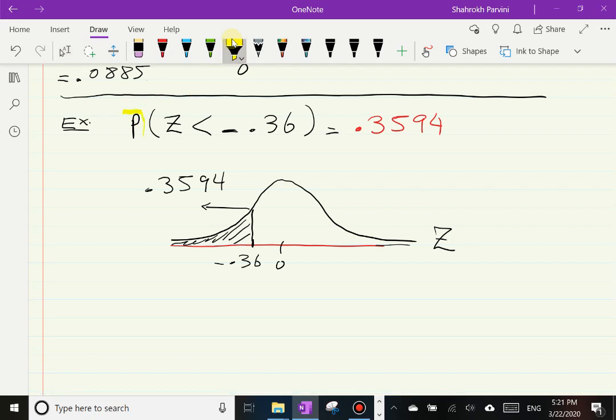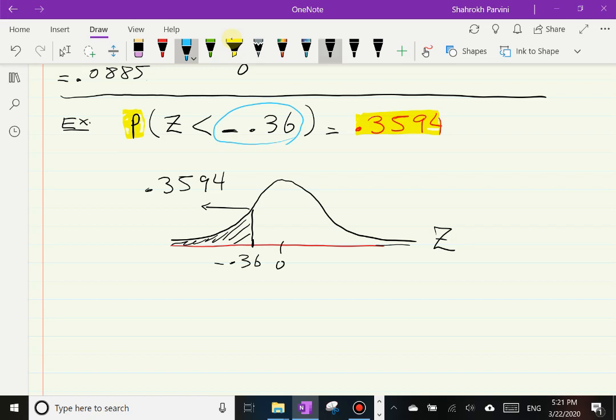This is a probability right in here. This probability has to be between 0 and 1. So the answer to this probability question must lie between 0 and 1. But the z-scores, these can be anything. Okay, so I just want to point that out, because these two numbers are awfully close, although this is negative, the other positive.